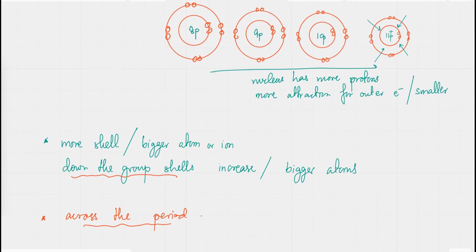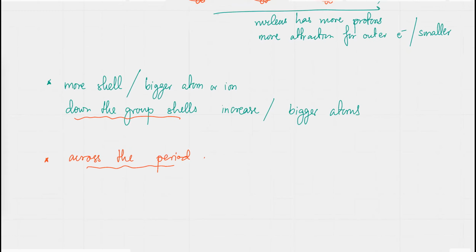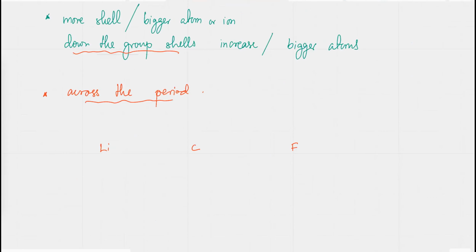So across the period, for example, you're moving from lithium, and there is carbon, I'm just going to pick, and fluorine. Now, lithium has 3 electrons, so it's going to be 2 electrons in the first shell, 1 electron in the last. Carbon is going to be 2 and 4, and fluorine is going to be 2 and 7.